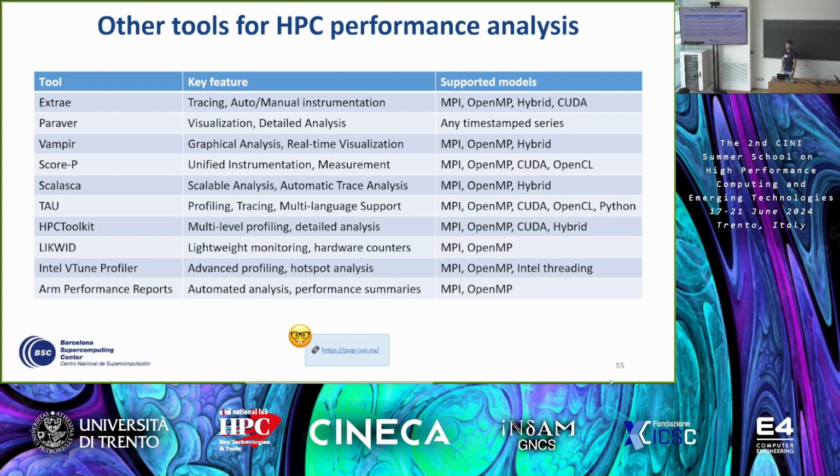Anyhow, these are the tools, and I tried to summarize them here. I'm actually not completely sure that this is accurate, so if you take a picture, don't blame me too much. GPU doesn't exist in my world, that's why it's missing. No, you're right. Scorpio is actually able to collect data from GPUs as well.